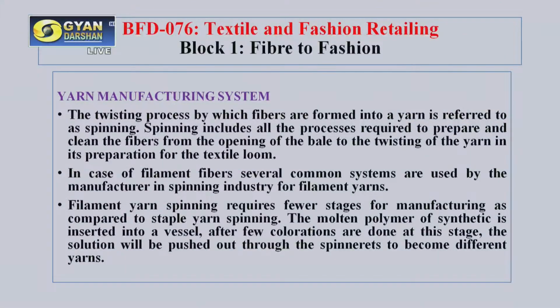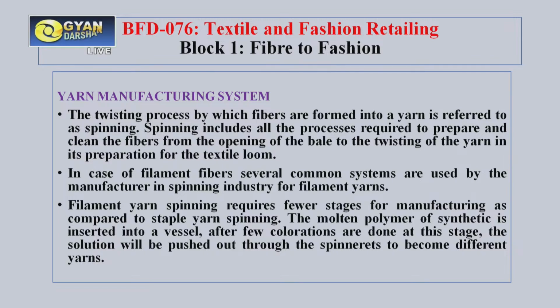Spinning includes all the processes required to prepare and clean the fibers, from the opening of the bale to the twisting of the yarn in preparation for the textile loom.